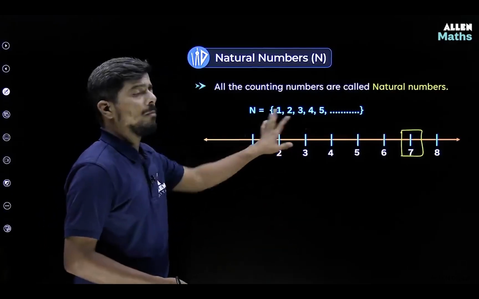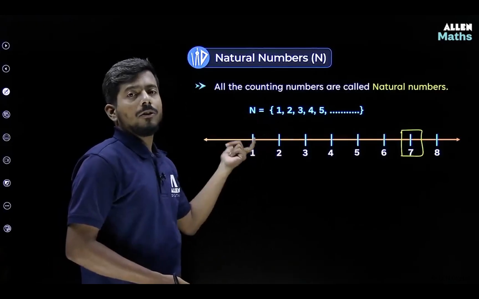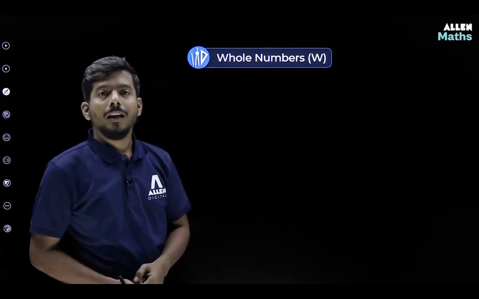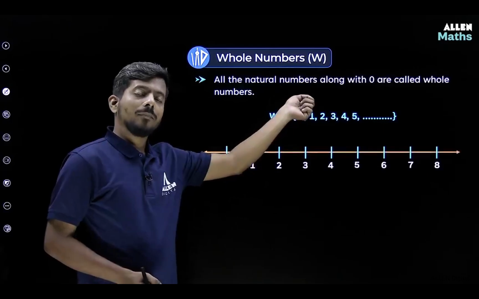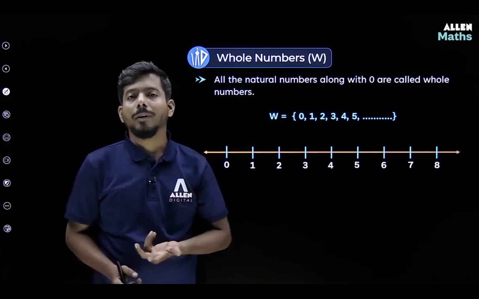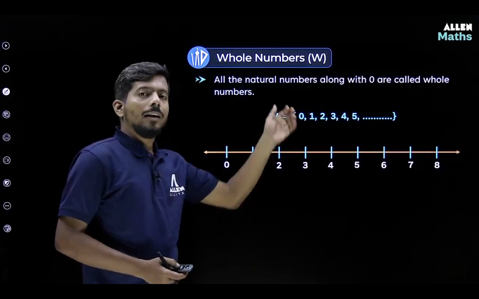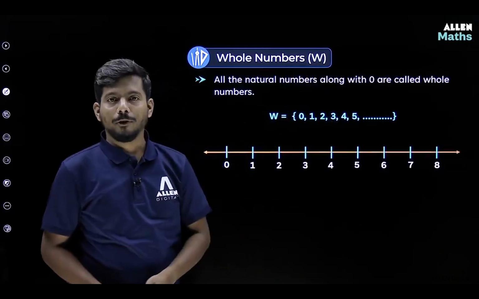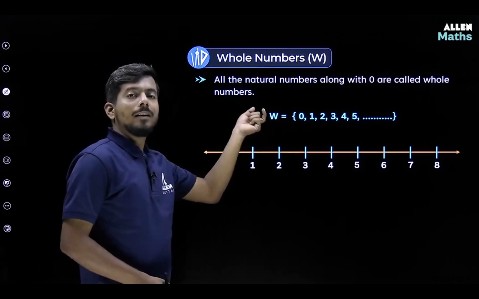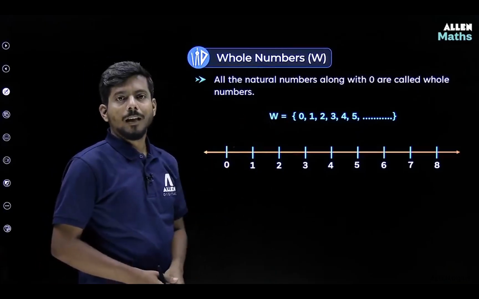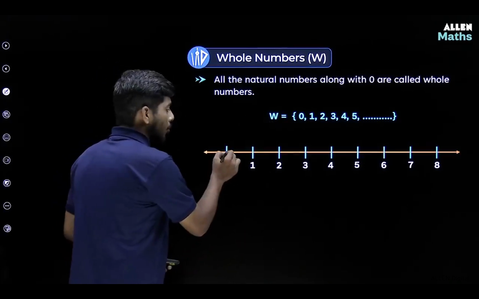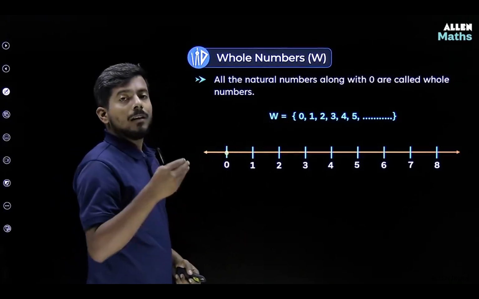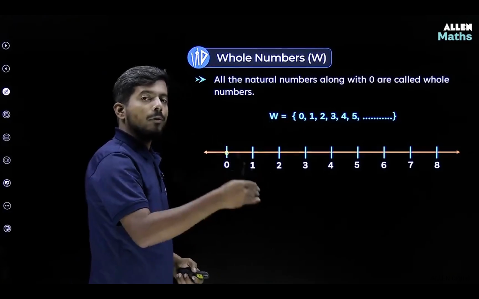But we don't have any number in the natural numbers to denote nothing, right? So that's why we have whole numbers. There we have 0. 0 means nothing. So natural numbers with 0, that group is called the whole numbers group, which is denoted with capital letter W.